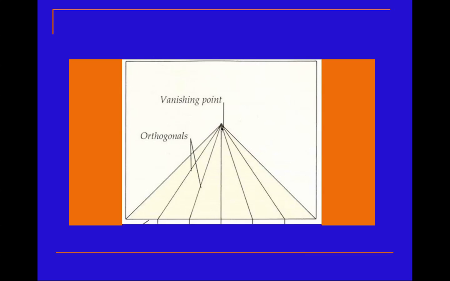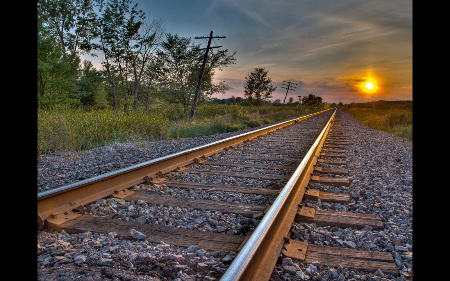So here we have the vanishing point, and then lines leading up to the vanishing point are called the orthogonals. And artists typically used orthogonals to guide their paintings. So you can see here this picture of a railroad track. There's a natural vanishing point here, somewhere right around here, and all lines lead to that one point.